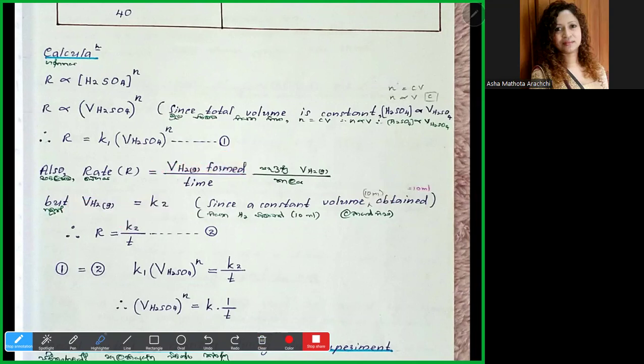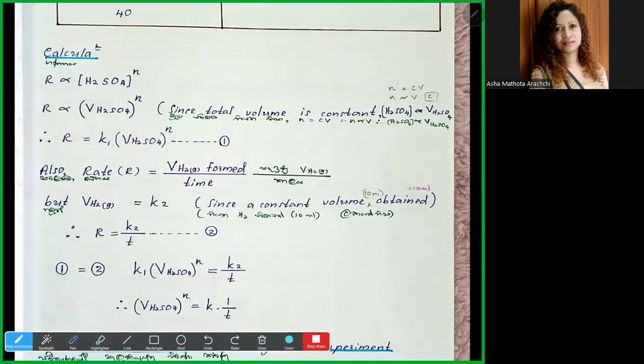This is my second expression. First expression, second expression: the rate side is the same, so K1 V(H2SO4) to the power n equals K2 divided by t.